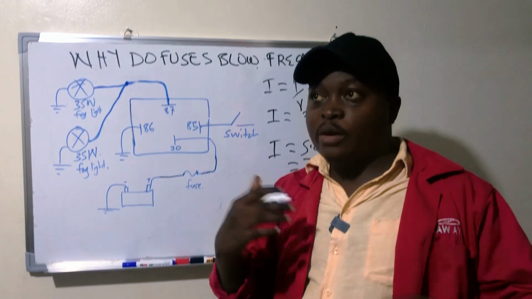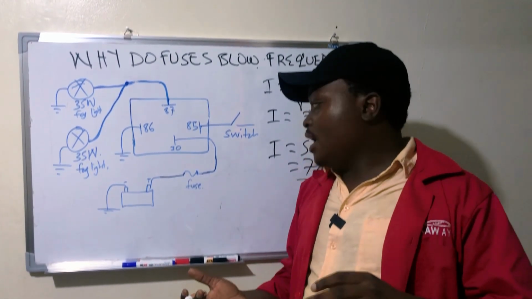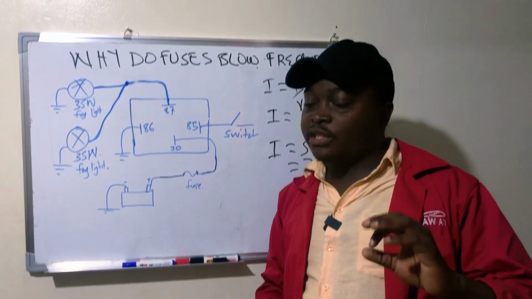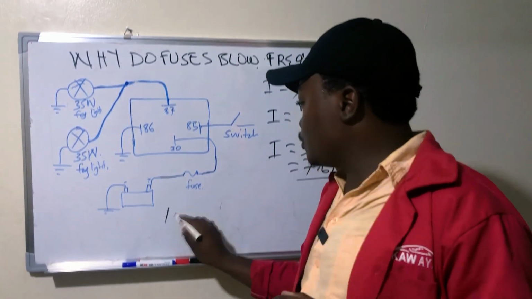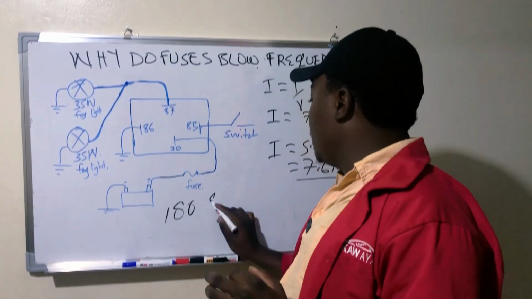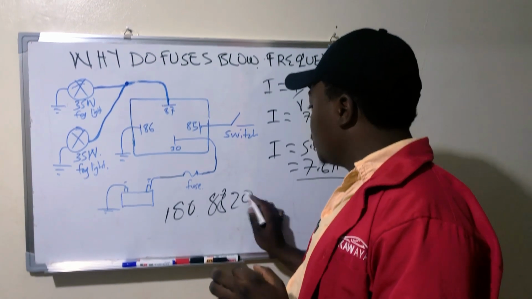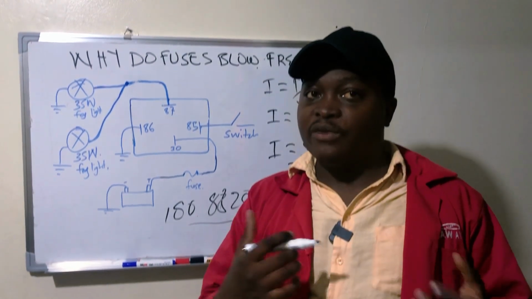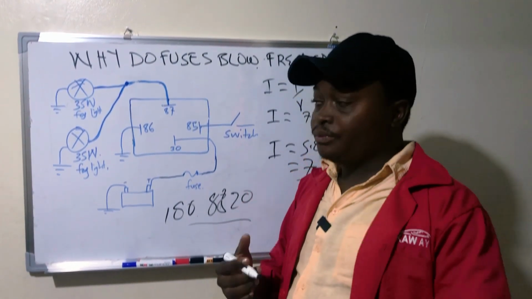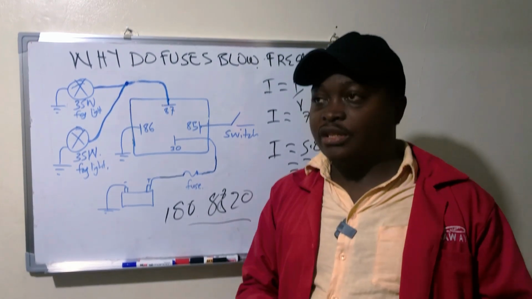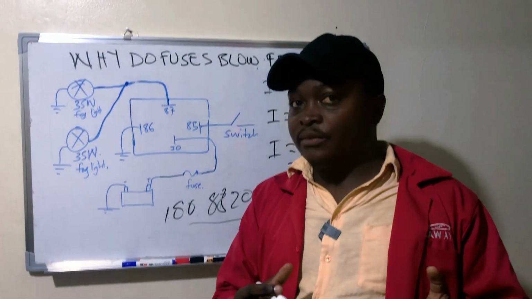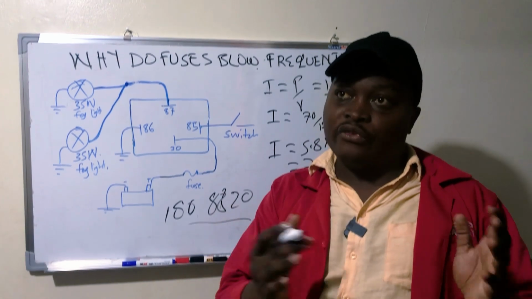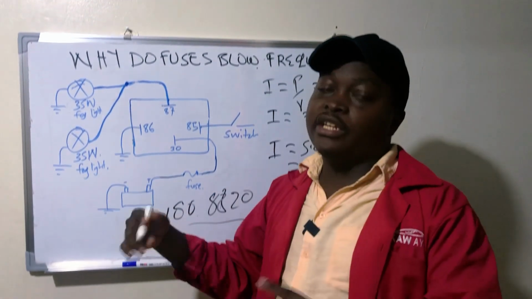But when they are manufacturing fuses, they use an ISO standard called ISO 8820. This is a standard that guides manufacturers to manufacture different fuses for the cars, and they have what we call fuse ratings, and these fuse ratings are standard: 5, 7.5, 10, and so on.